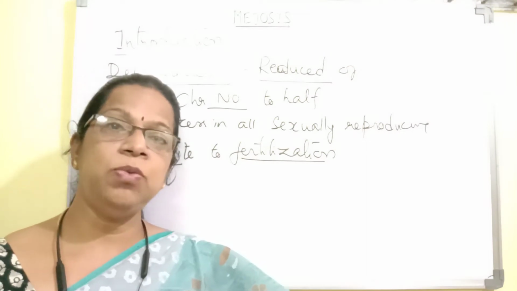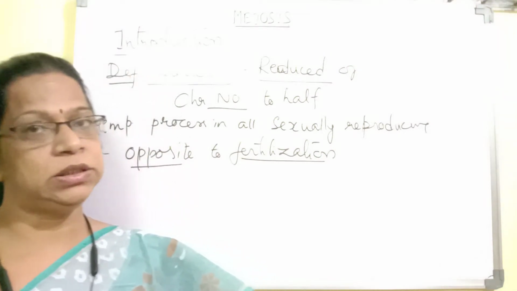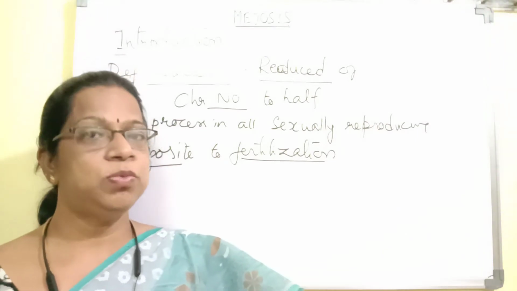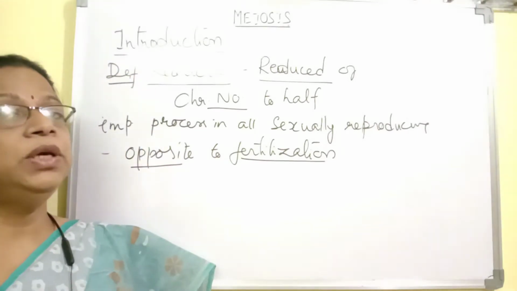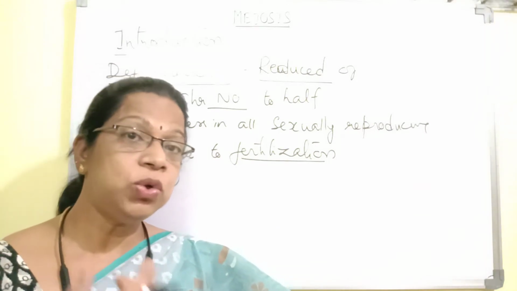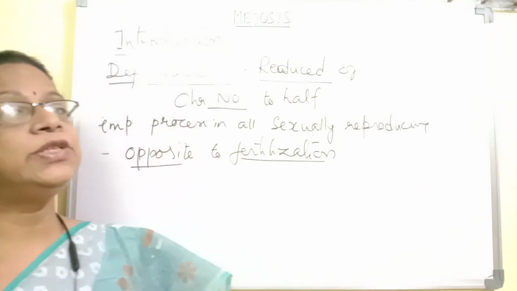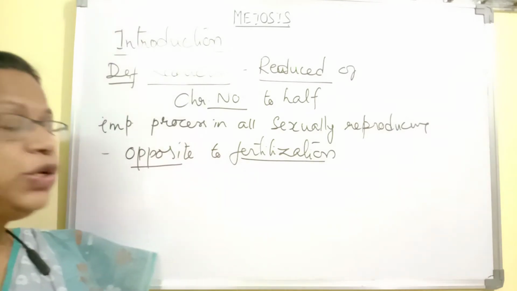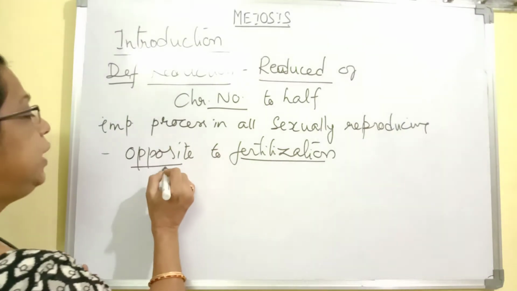Meiosis is mainly involved in formation of gametes. So gametes always must have half the chromosome number of the parent. So when two gametes fuse, they restore the chromosome number for the next generation. So meiosis and fertilization are opposite to each other.